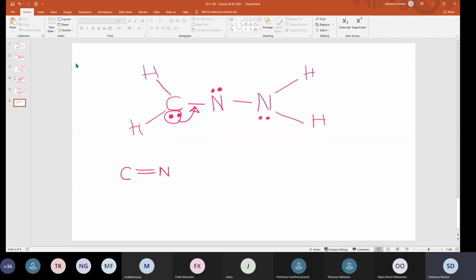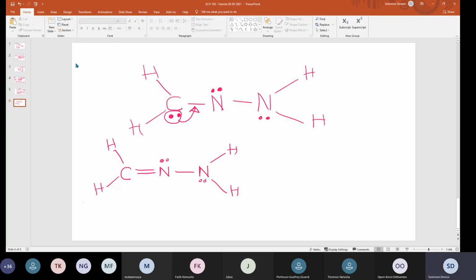Then on this nitrogen, we have a lone pair of electrons. Then we have another nitrogen, which has got a lone pair of electrons, and it has got 2 hydrogens on it. And then we have this hydrogen and this hydrogen, okay?